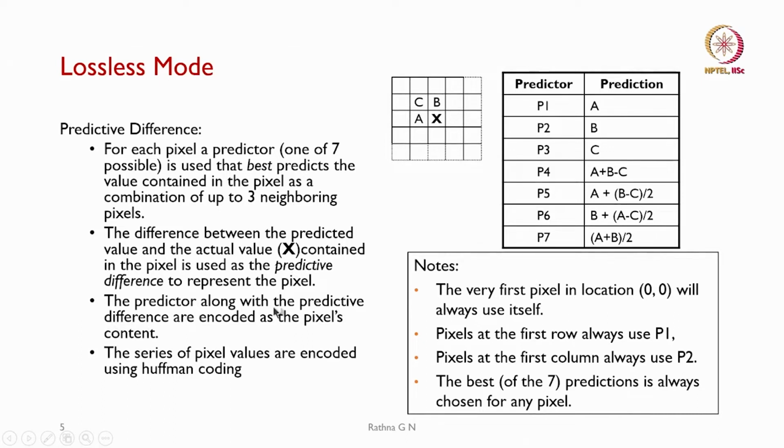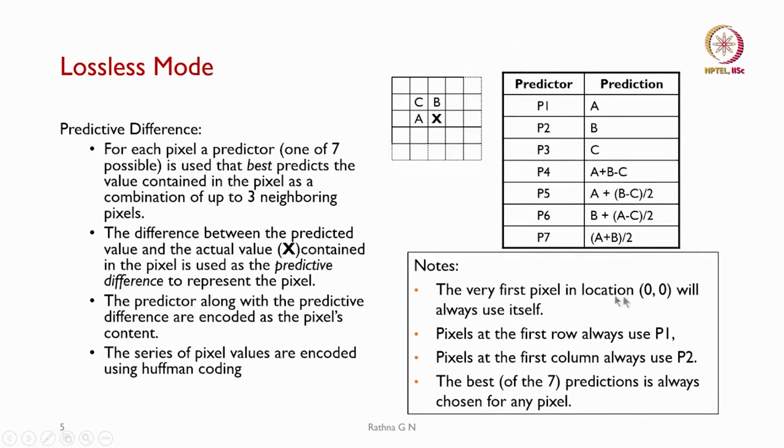The predictor along with the predictive difference are encoded as the pixel's content. The series of pixel values are encoded using Huffman coding, as depicted in the previous slide. One has to take care of these nodes.